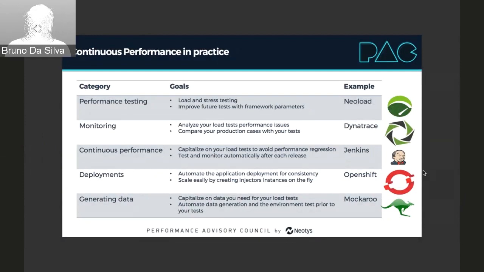And even if it requires a specific development, I think it's important when you go to this type of continuous performance process. Otherwise, with dummy data, you will miss many things because of cache, because of data not being representative of reality.